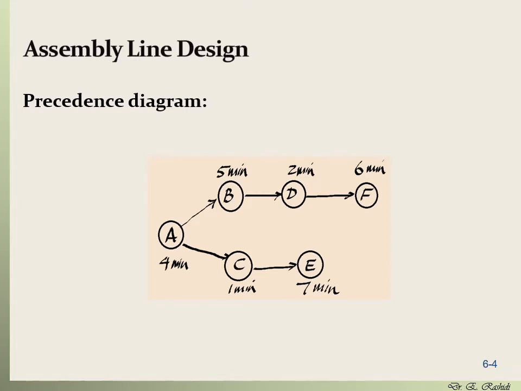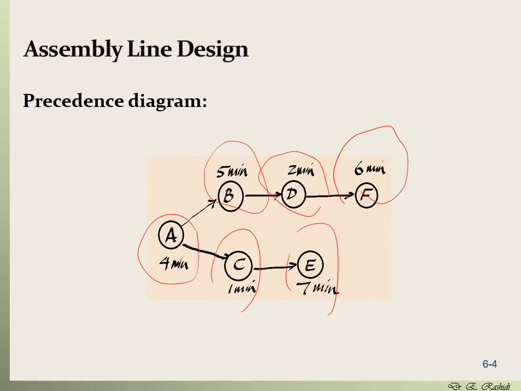But on the other hand, because these tasks have a specific time duration, if you consider each of these tasks as one station, you see that they have different workloads, or processing times. For example, we have 6 minutes, 2 minutes, 5 minutes, 4 minutes, 1 minute, and 7 minutes.